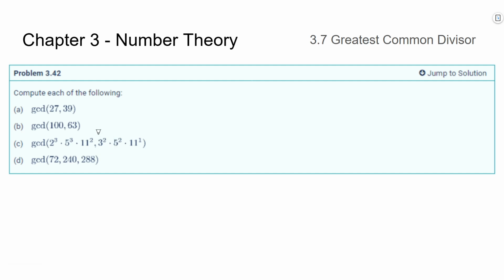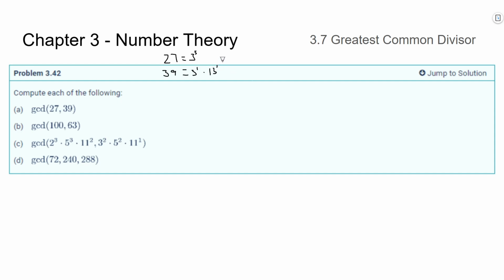Okay, so compute each of these. So greatest common divisor, and we could do this again with our prime factorization. We're probably going to be using up a lot of room here, so let me just start up here. 27 is going to be equal to, let me cheat here and pull out these prime factorizations, 3 cubed. 3 times 3 is 9, times 3 is 27. 39 is going to be 3 to the 1 times 13 to the 1.